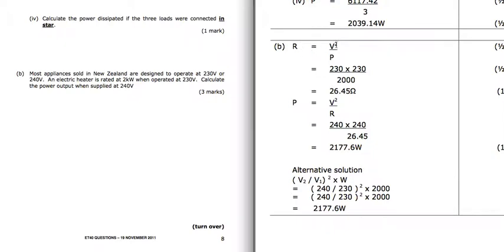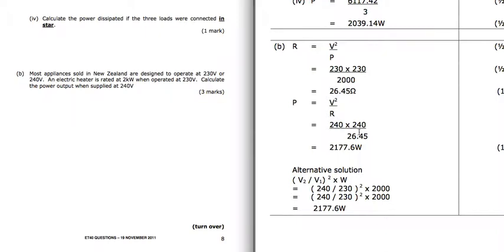So the resistance is V squared over P, and that's a transposition of P equals V squared over R. So we'd swap these P and R. So we get V squared divided by the power, which is 2000 watts, gives 26.45 ohms is the resistance of that heater.